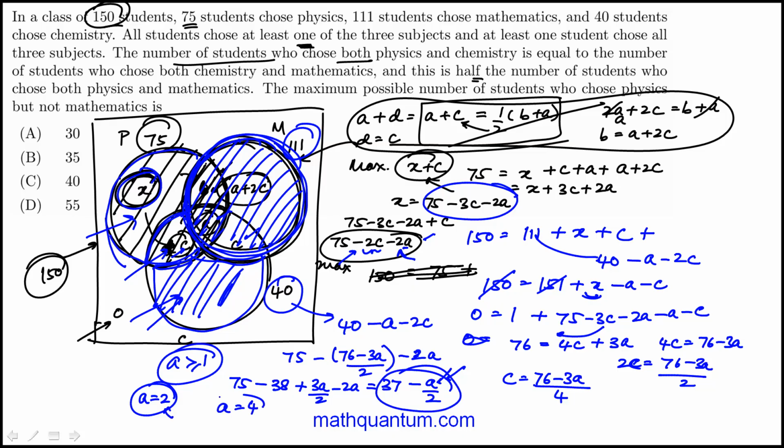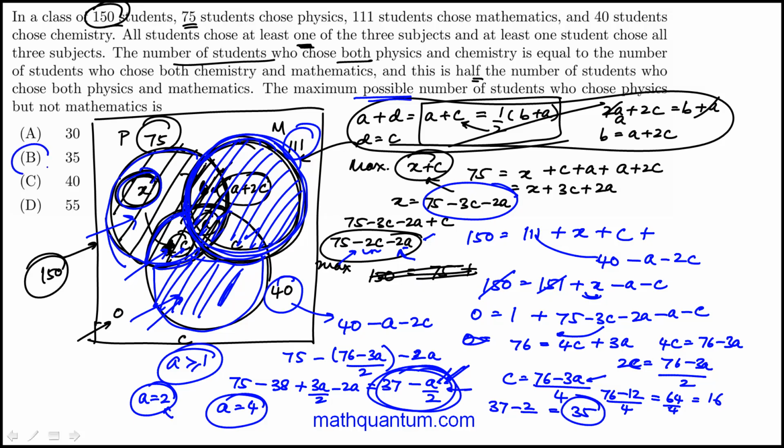That would be 4. Because remember, we're trying to maximize this, so the lower we can keep A, the higher our maximum possible value would be. So if A is 4, we can plug that back in here. 76 minus 12 over 4. Is that an integer? Yes, it is. And in that case, if you plug in A equal to 4, I get 37 minus 2, which is 35, and I get my answer.